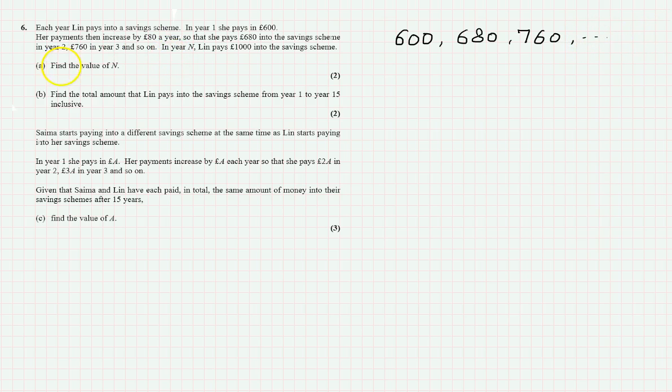She is paying like this. In year N, she pays 1000. So this is first year, second year, third year, fourth year, fifth year, and in a certain year she is paying 1000.